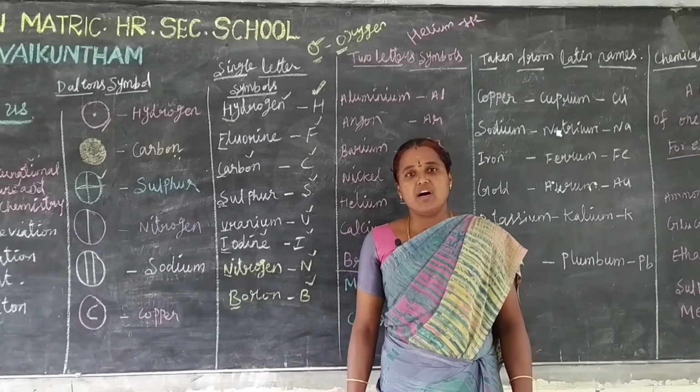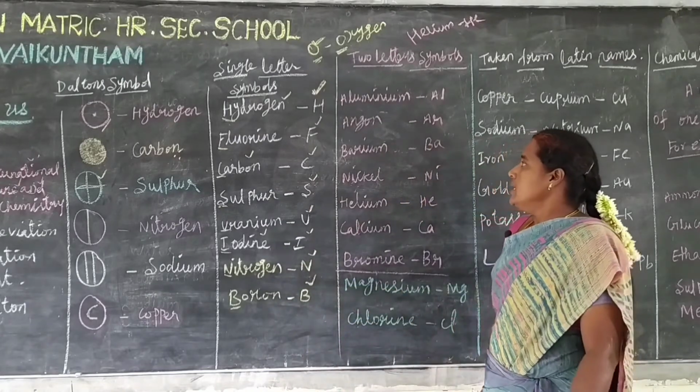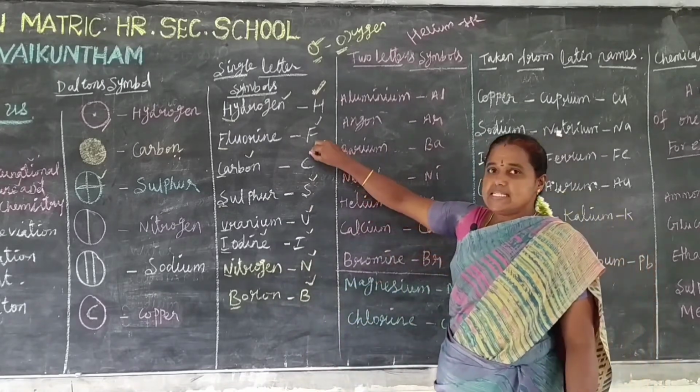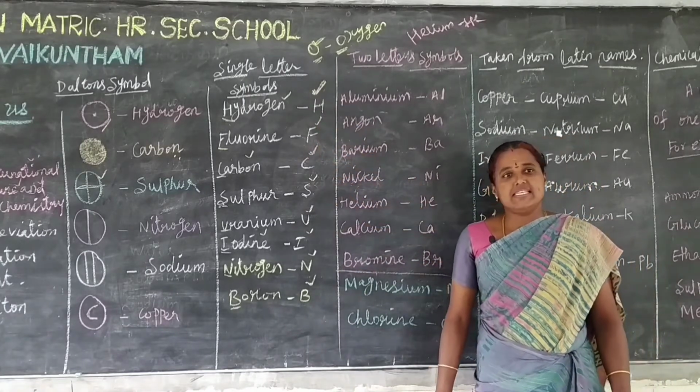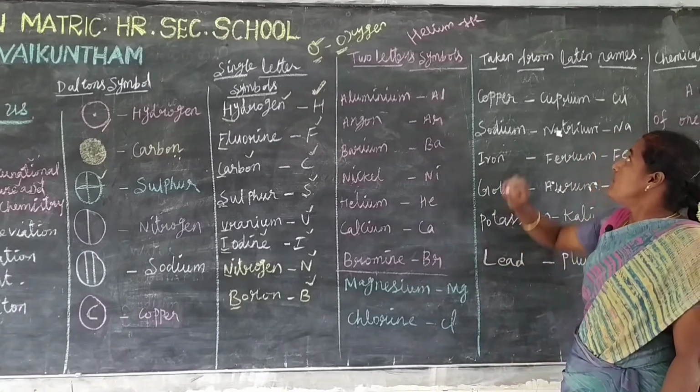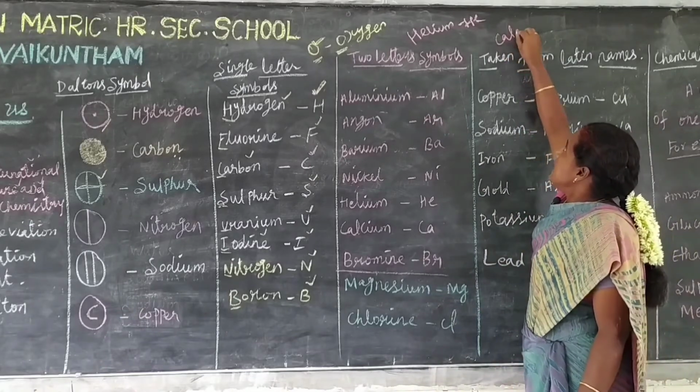Similarly, the symbol for carbon is C, while the symbol for calcium is Ca.